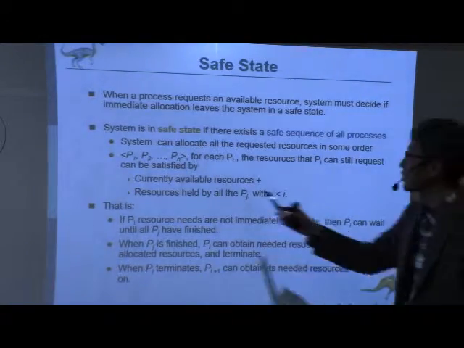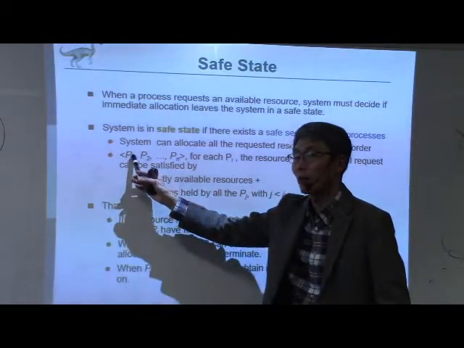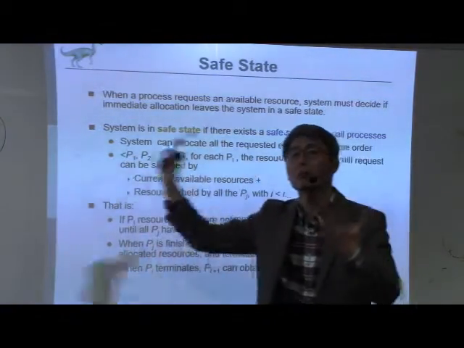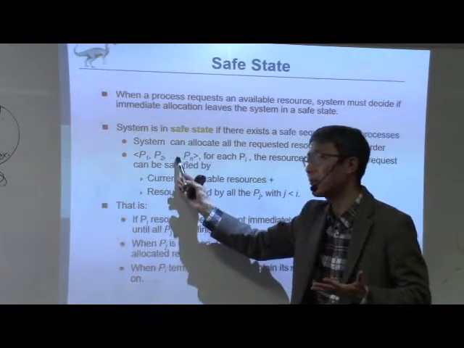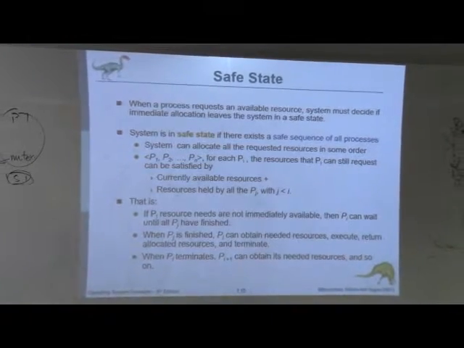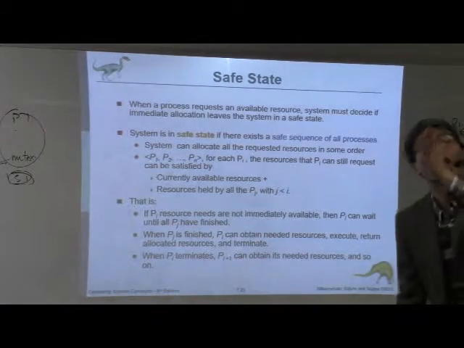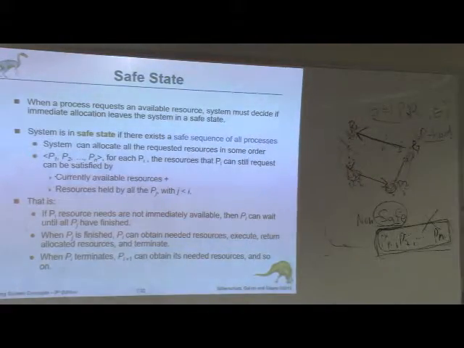Safe state means, if we can find the process list, okay, there might be several possibilities. It can be P2, P1, Pn, Pn-1, but as long as you can find a process list that can be successfully terminated in this order, that is called the safe state.